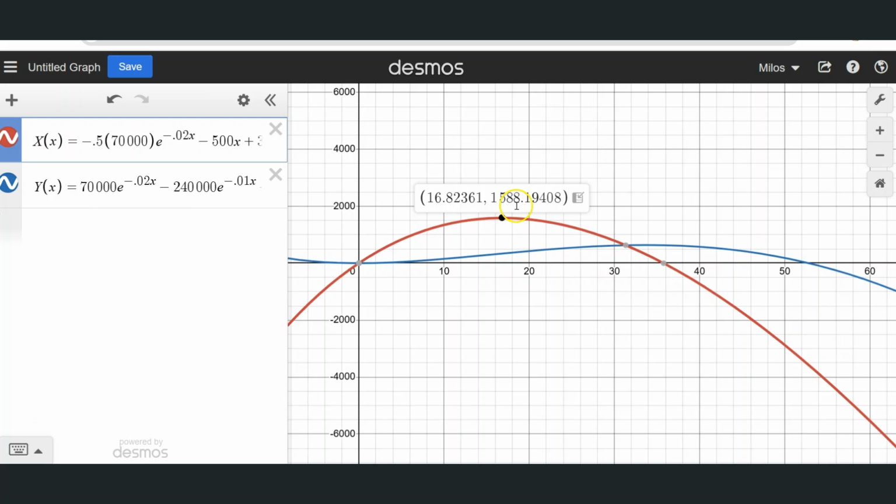And the maximum amount that Lake 1 will have of the mercury is about 1,588 milligrams. After that, the amount of mercury seems to drop down and approach zero.